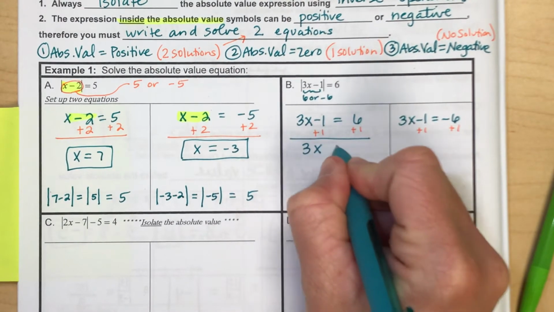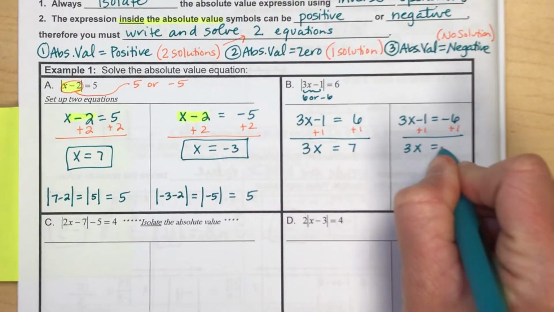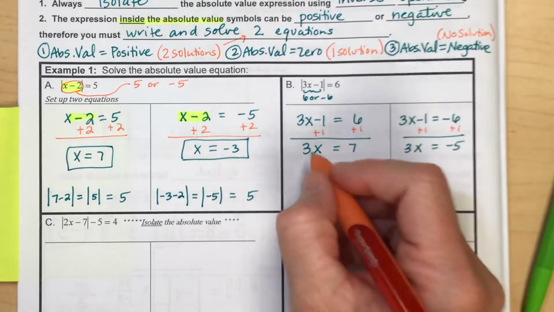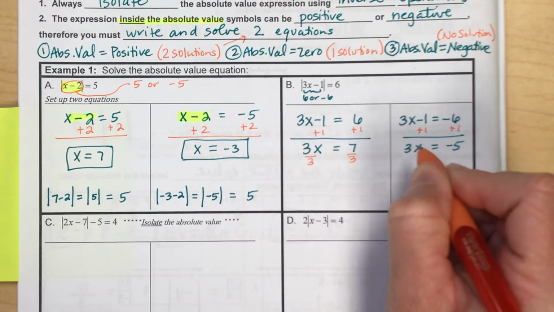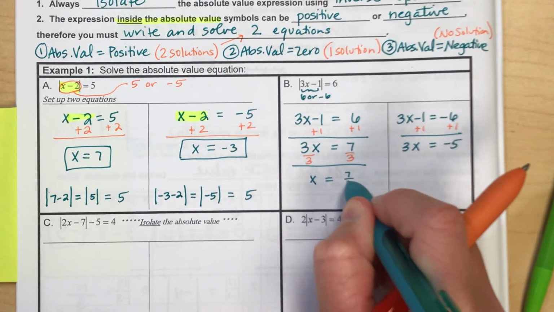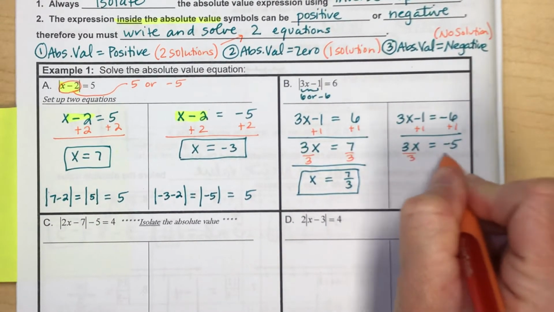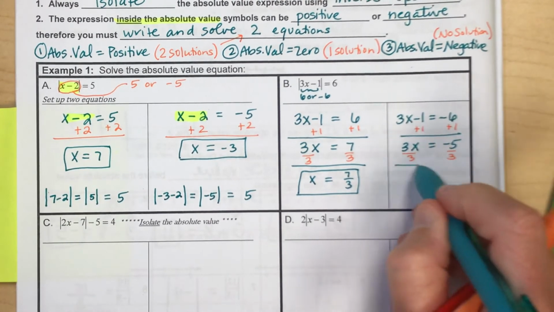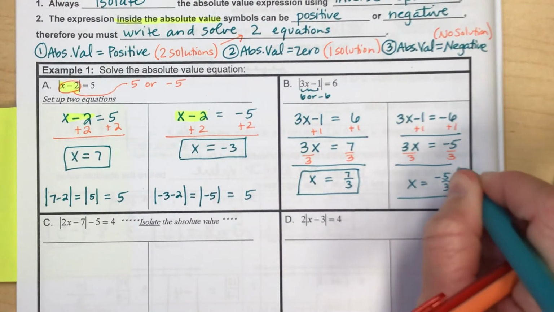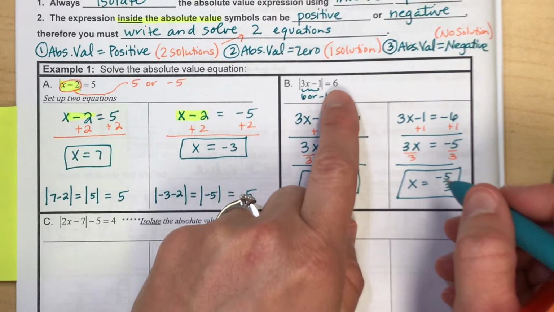Here I'll have 3x is equal to 7, but over here I'll have 3x is equal to negative 5. And now if I divide by that coefficient of 3, I would have one solution of 7/3 and another solution of negative 5/3. So those are my two solutions because my absolute value is set equal to a positive.